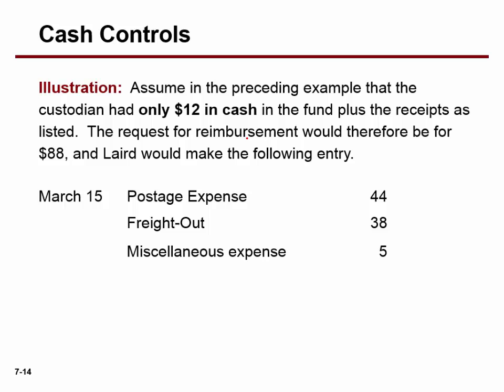But when I look, there's only $12 sitting in the box. So there's $1 missing, isn't there? Guess somebody went and got some coffee and forgot to put the money back in, right? Now we're not going to arrest somebody over this, okay? If we had 10,000 in the box and we couldn't find it, that might be a little bit more of a problem. But we're not going to sweat $1.